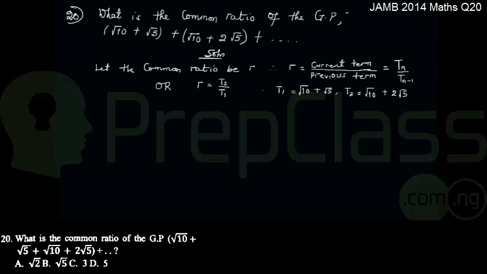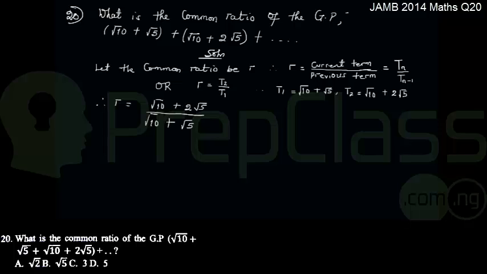In this particular GP, the first term is root 10 plus root 5, and the second term is root 10 plus 2 root 5. So the common ratio would be root 10 plus 2 root 5 all over, what's the first term? The first term is root 10 plus root 5.